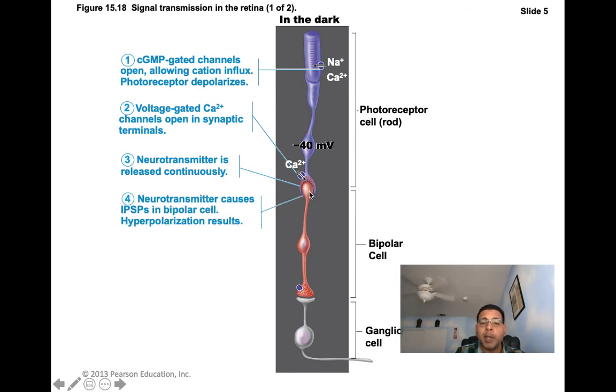The neurotransmitter then causes inhibitory postsynaptic potentials in the bipolar cells. This cell depolarizes, and then it hyperpolarizes the bipolar cell.